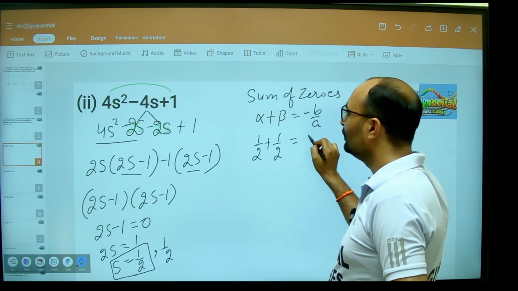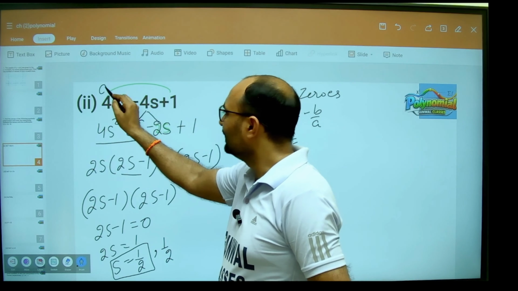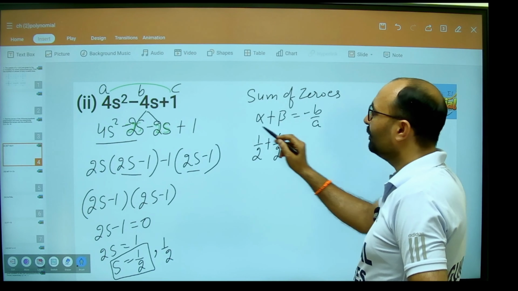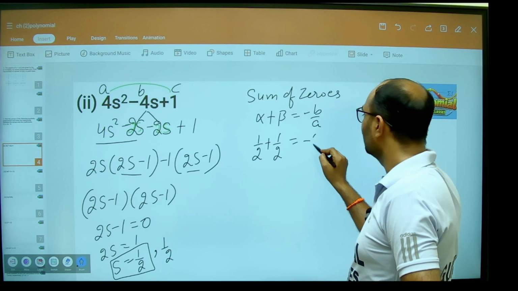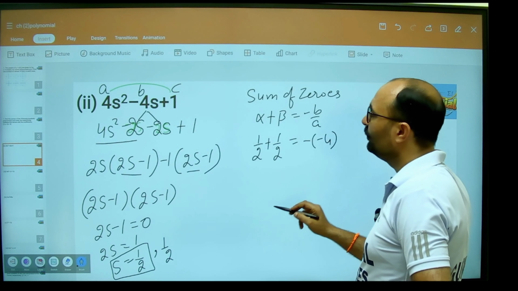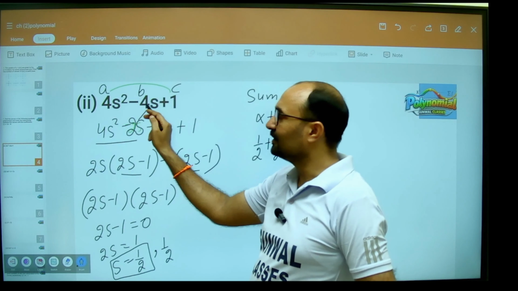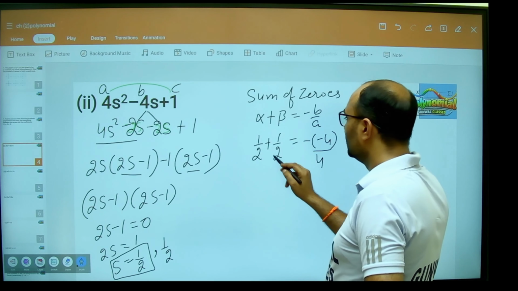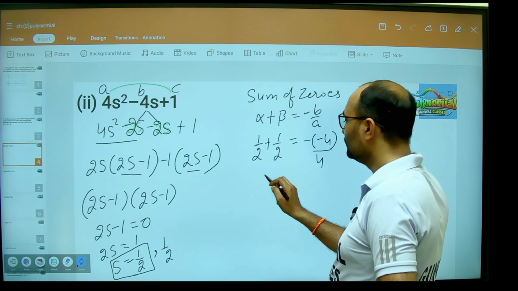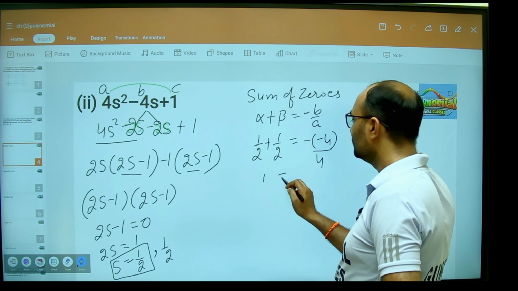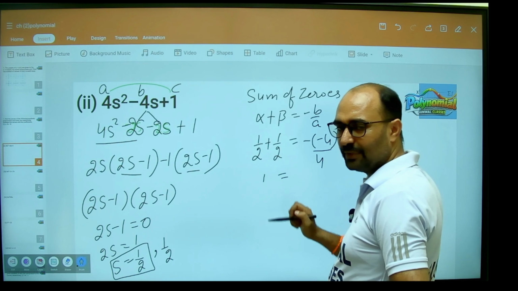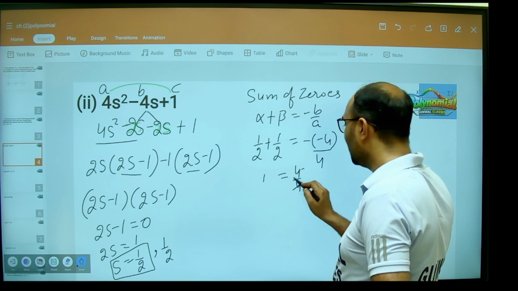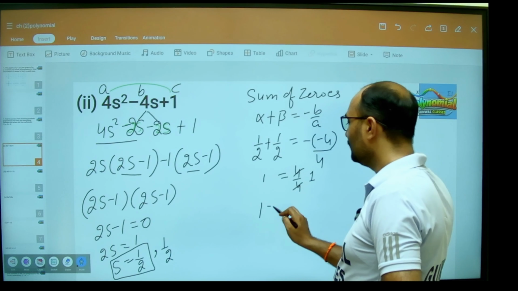This is a here, this is b here, this is c here. So minus b, minus is already there, minus 4. We are considering only coefficients. A is 4 here. 1 by 2 plus 1 by 2 is 2 upon 2, that will become 1. Minus minus becomes plus, 4 upon 4, that is again 1. So 1 is equal to 1.